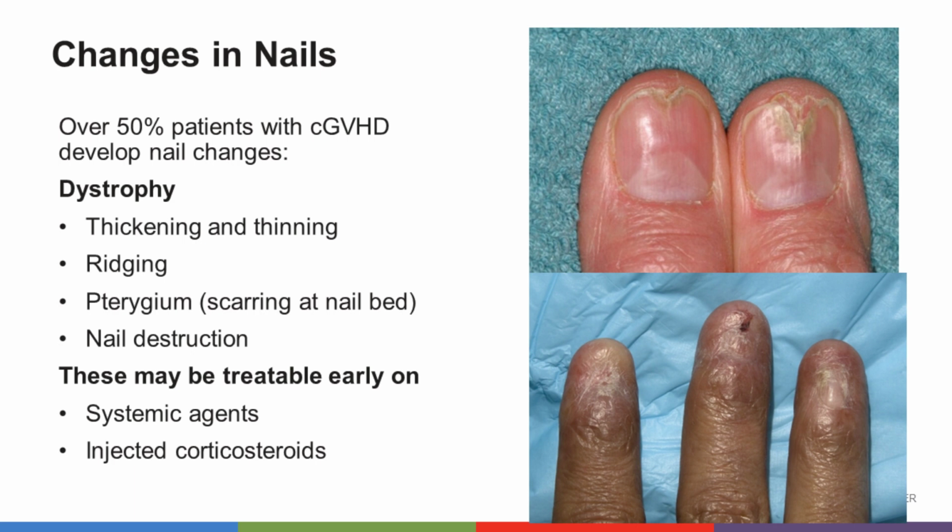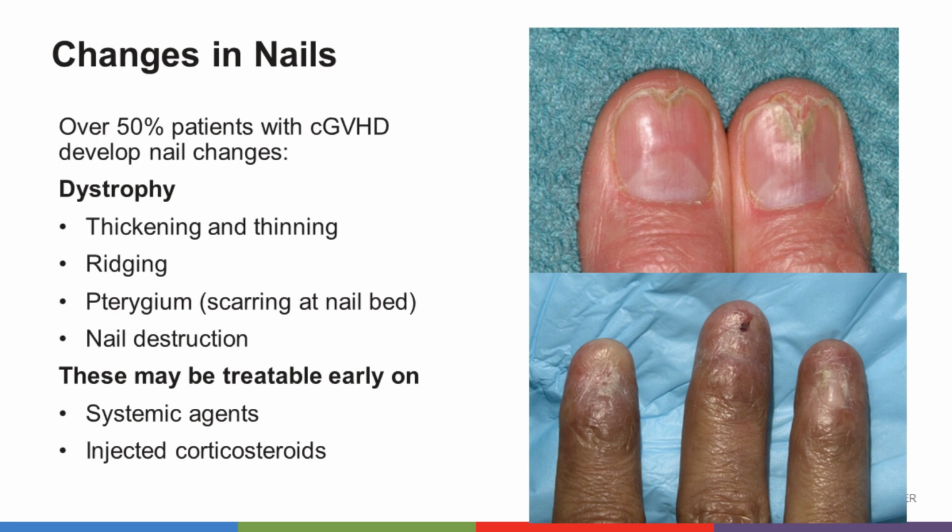If we don't intervene, we sometimes can actually get complete nail destruction, called pterygium, which is scarring at the nail bed. And the picture on the bottom shows somebody who has lost their nails. And once that happens, that's a scar, and we can't always get the nails back again. So early on, if we see changes in the nails, we'll sometimes suggest that we intervene with treatment.